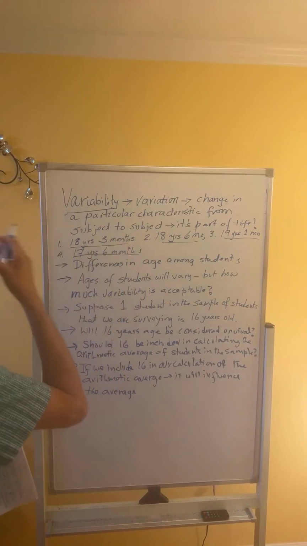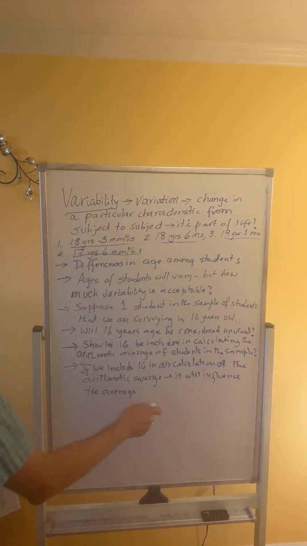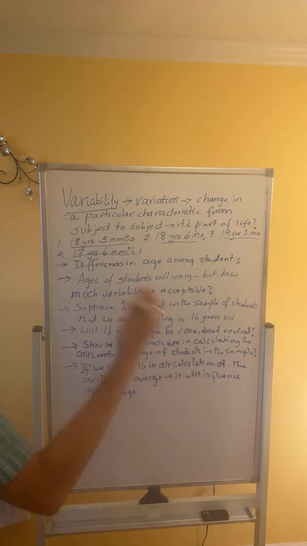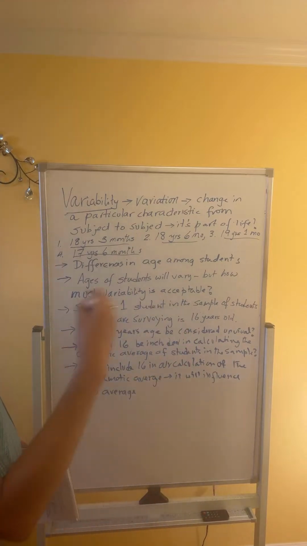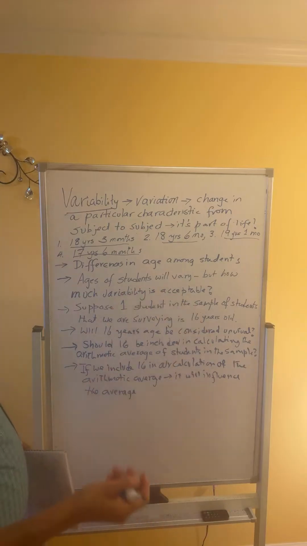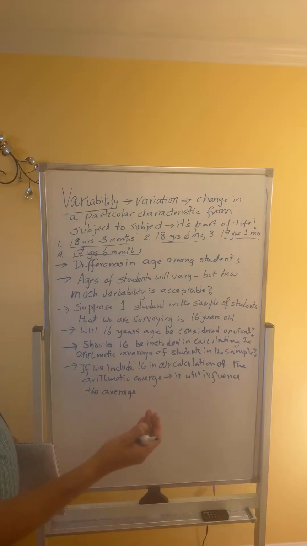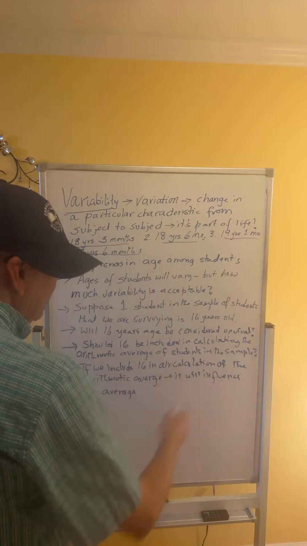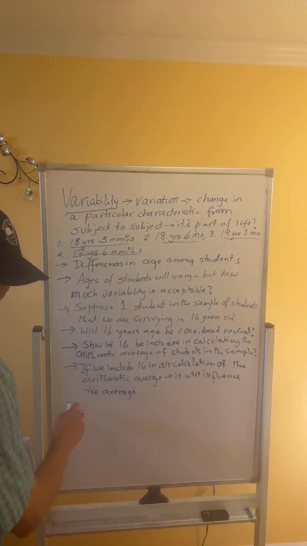These are some sample data points, and suddenly we get one student who is 16 years old. So if I include that 16-year-old in the calculation of the sample mean age, the number 16 will pull the arithmetic average towards it. It will influence the arithmetic average.